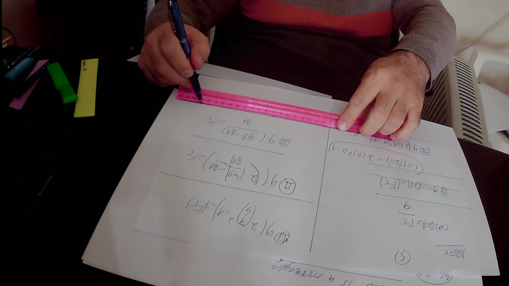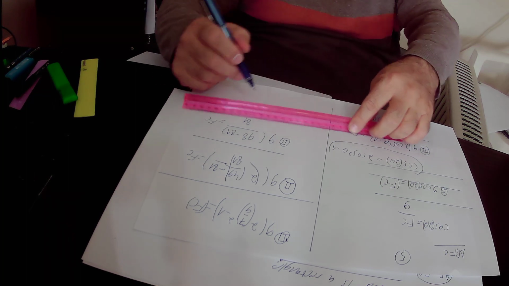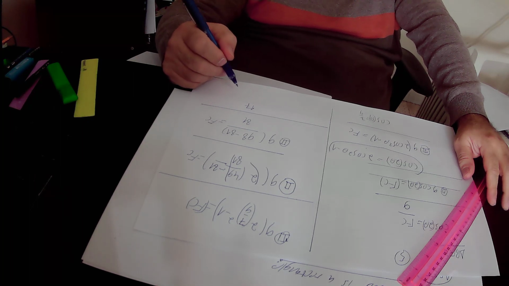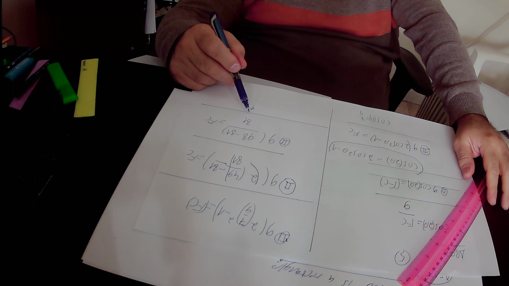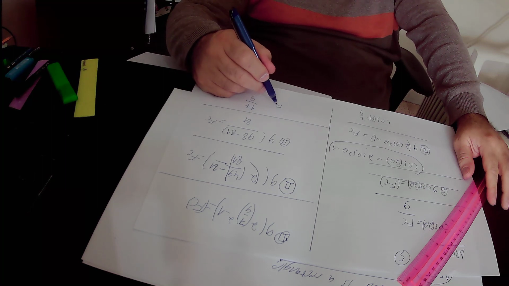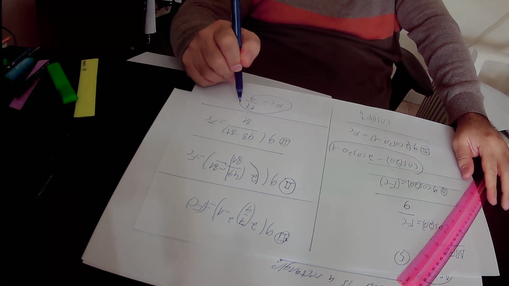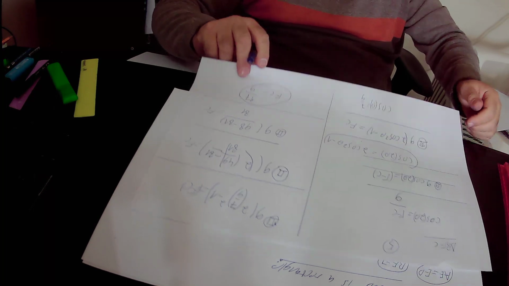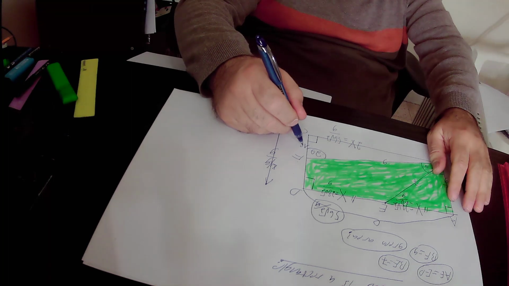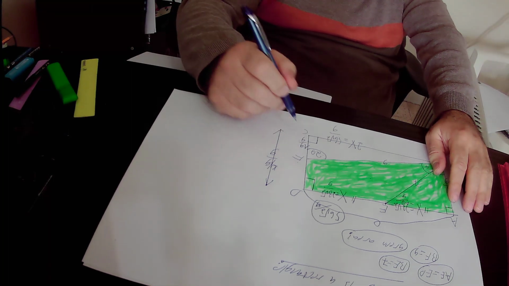Here, 98 minus 81 is 17, and we will divide the numerator and the denominator by 9. 9 over 9 is 1, and 81 over 9 is 9. So in conclusion, we found out that FC equals 17 over 9 units, so we can write here that FC equals 17 over 9 units.